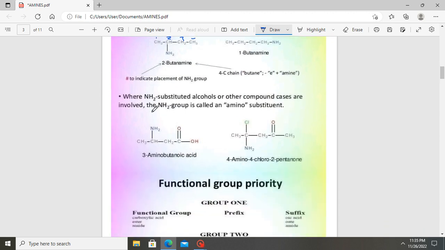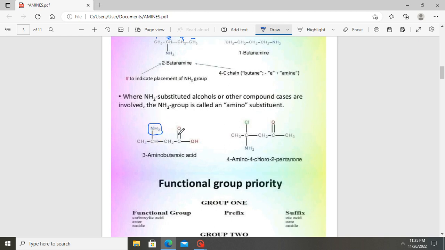We can have cases where NH2 is on substituted alcohols or other compounds. The amino group is then called an amino substituent. So we can have compounds with other functional groups which are of higher priority than the amino group. In such cases, the amino group is named as a substituent.